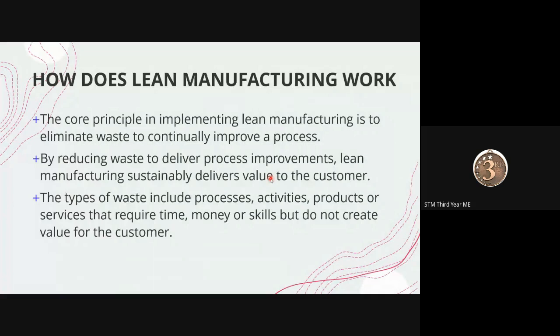So in lean manufacturing, if you are reducing the waste, or if you are eliminating the waste, the value of the raw material can itself be added to the value of the product, apart from that, we are putting a higher price for the product. So the profit incurred will be much higher than the earlier steps.